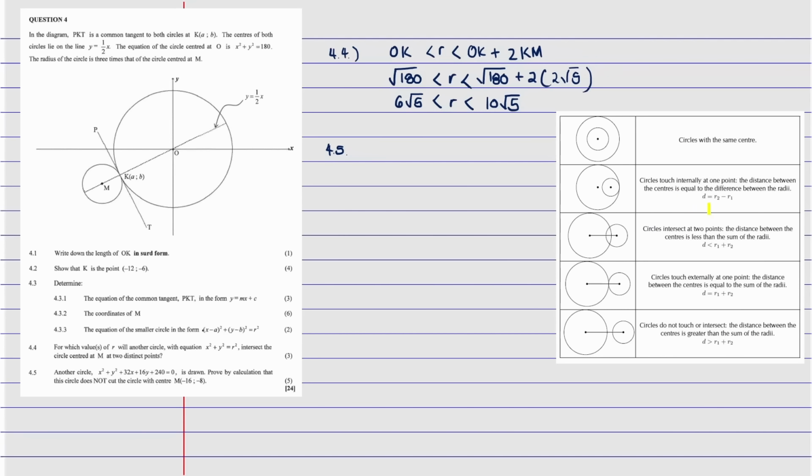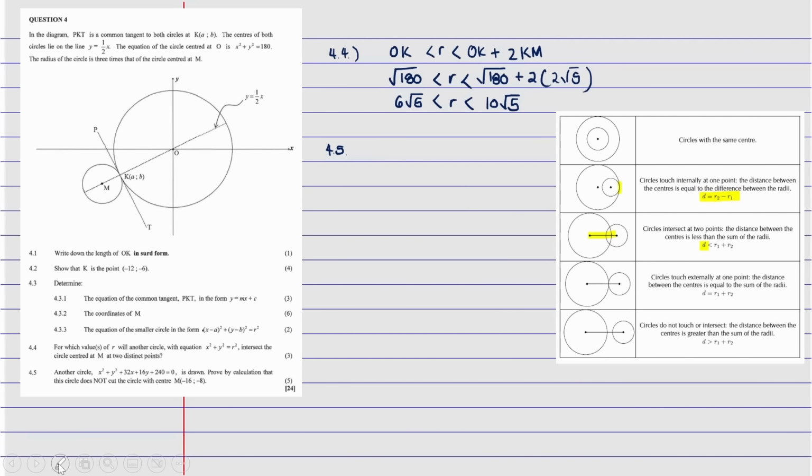Then if, let's say, we find that the distance is r2 minus r1, it means it just touches the graph. When we say distance, we mean this line, from one center to another.